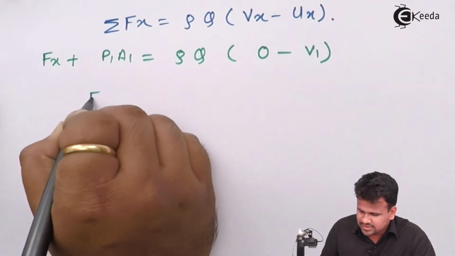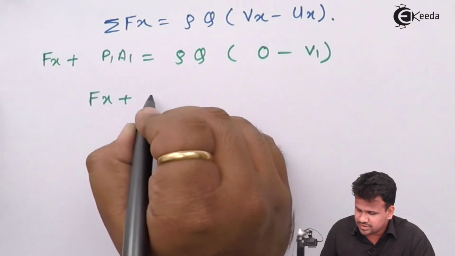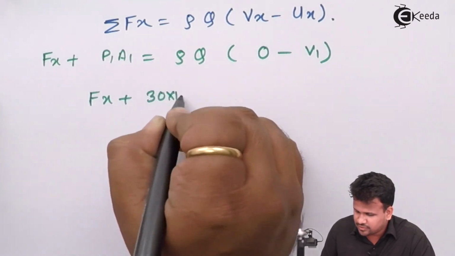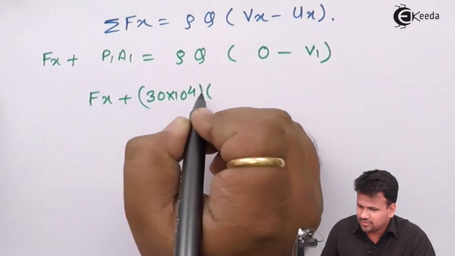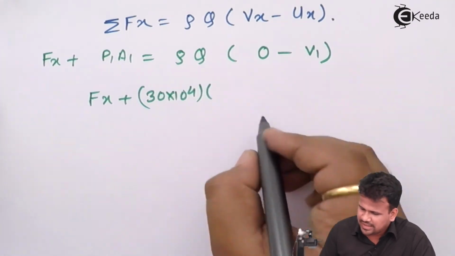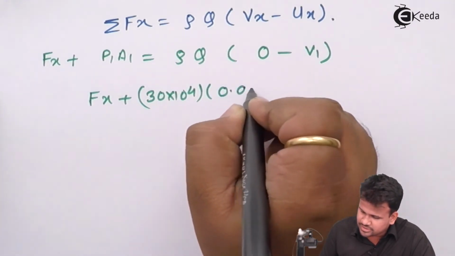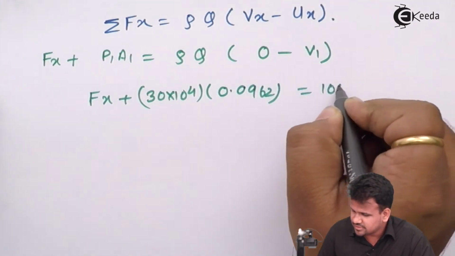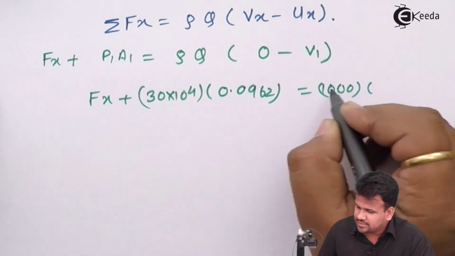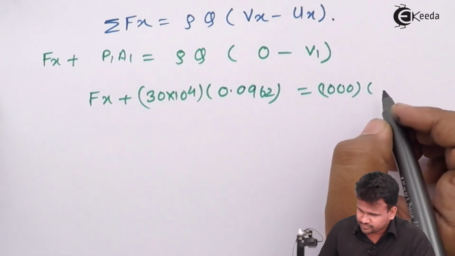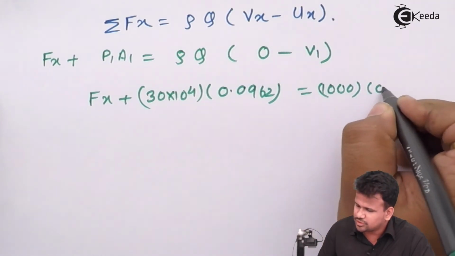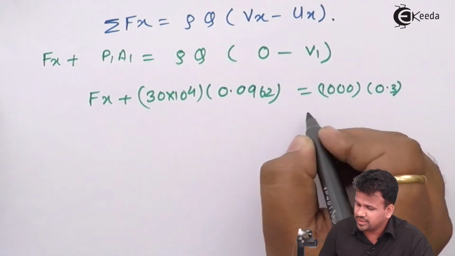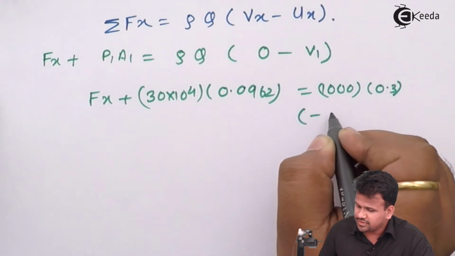So let us evaluate this. Pressure was equal to 30 into 10 to the power 4, area of cross section which we had calculated was 0.0962, this is 1000 into 0.3, that was the flow rate, into minus V1.